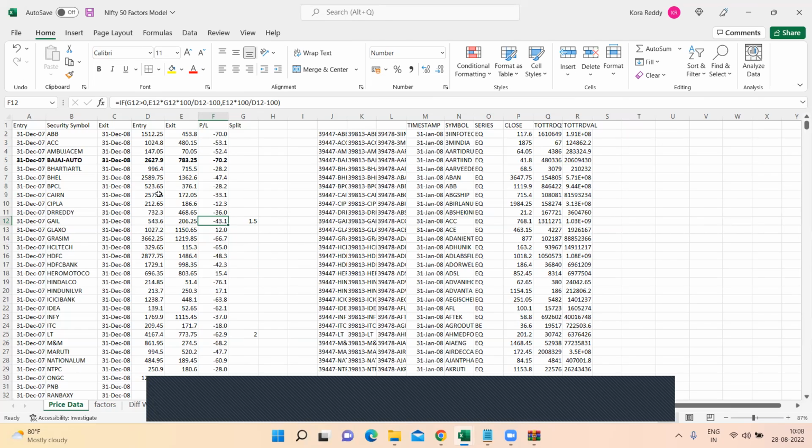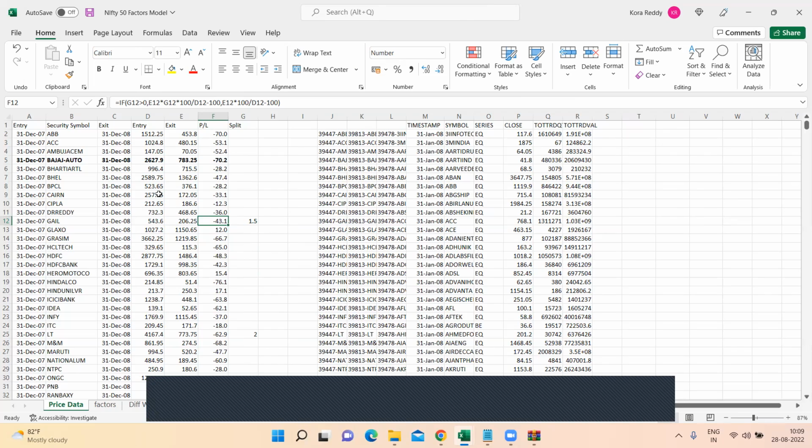Then there is a tricky adjustment. What is that? What is the other corporate action apart from bonus, split, and dividend? Mergers. Rights issue.